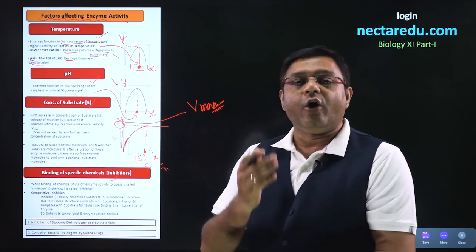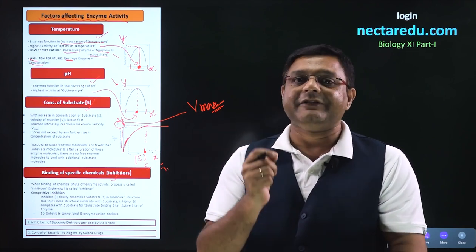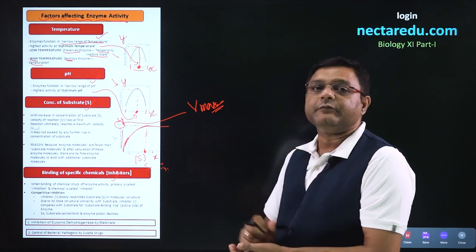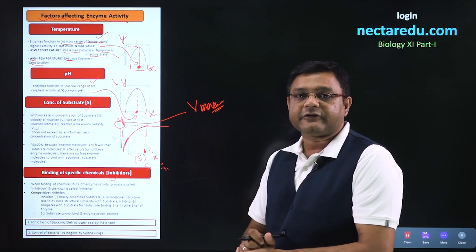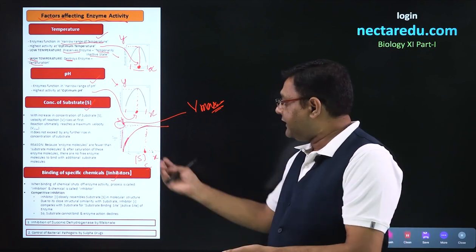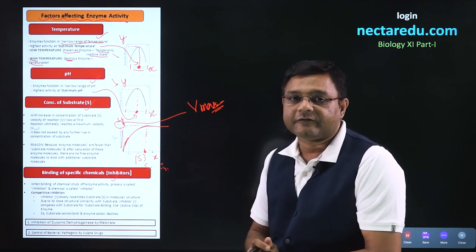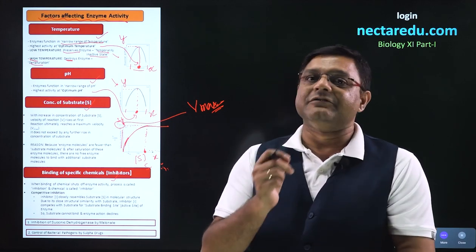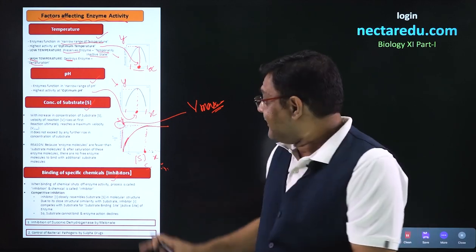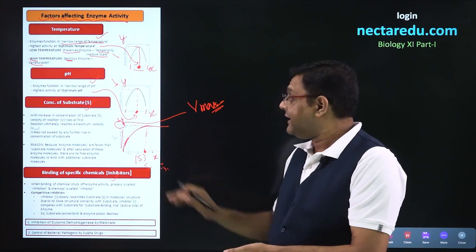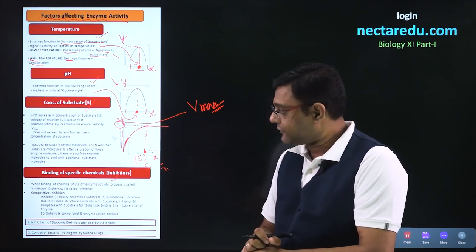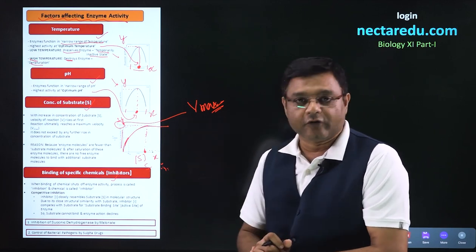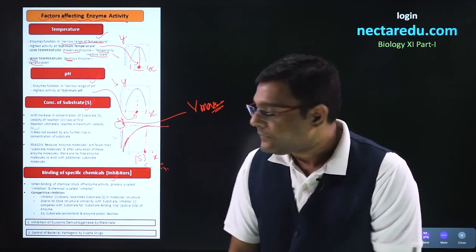But slowly, all the enzyme molecules will be saturated with substrate molecules, and at that point, maximum velocity Vmax will come. After this point, if we increase the concentration of substrate, no enzyme molecules will be present to combine with substrate, so there will be no further increase in velocity of reaction. So this is the effect of concentration of substrate.